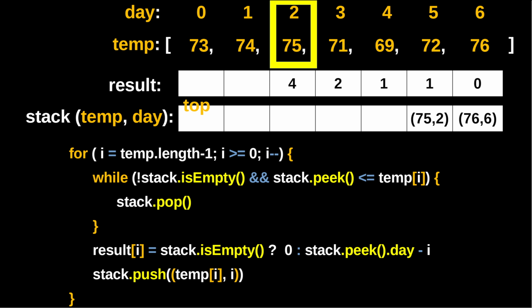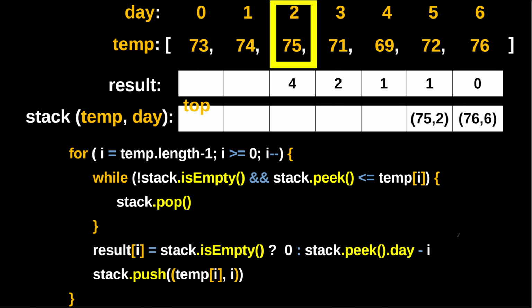I think now it's clear how the code works and how we populate results[i]. One can also introduce some optimization here. As you can see, in the stack, you don't really need to store both the temperature and the index, because all you need to do is store the index and do a lookup when you're checking whether the temperature is higher or lower. I included both here just for clarity purposes.